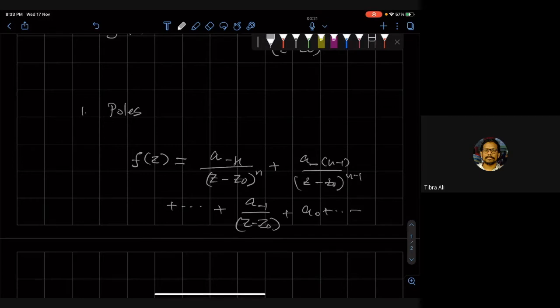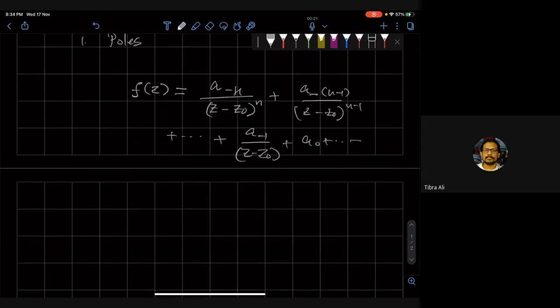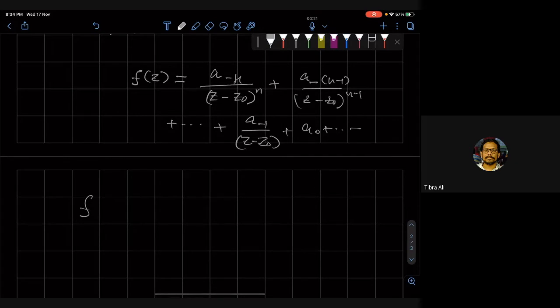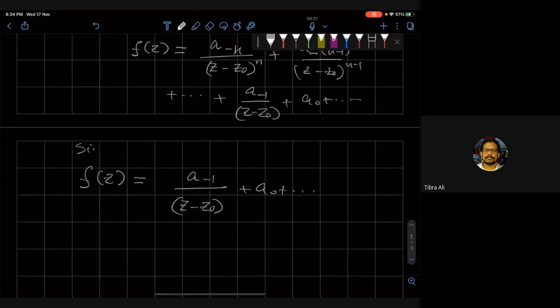So if the number of singular terms is finite, then that kind of singularity is called a pole. And in particular, if the singularity is such that the singular point has only the exponent minus 1, then that kind of pole is called a simple pole.